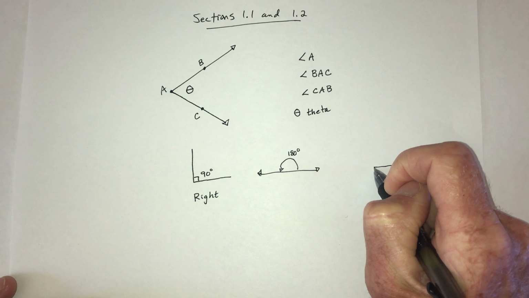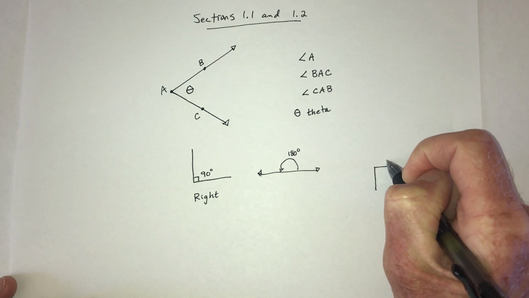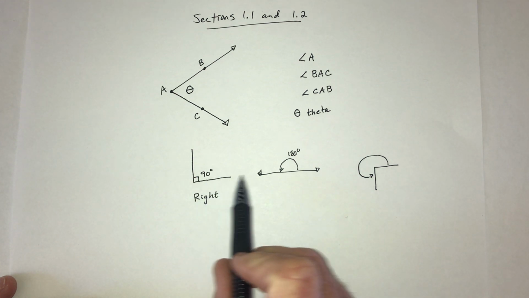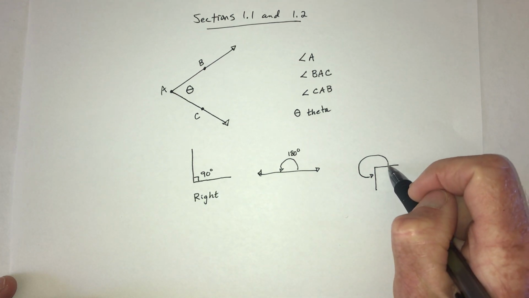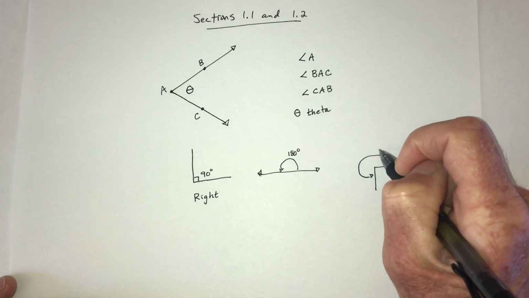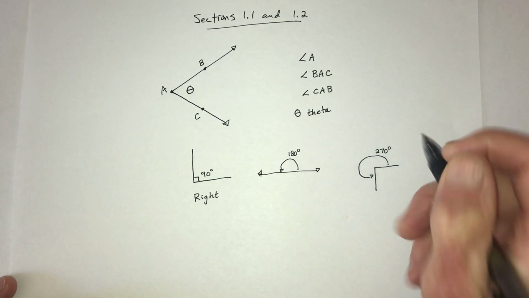And if it was like this, and you were asked to measure from here around to here, that's basically combining these two ideas. So from here to straight across is 180 plus another 90 is 270 degrees.